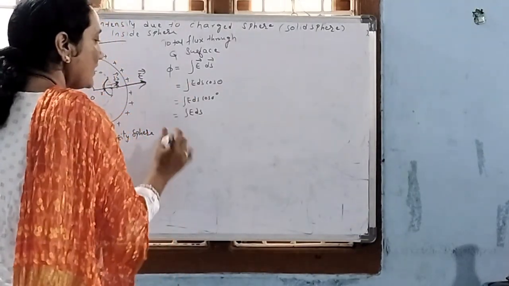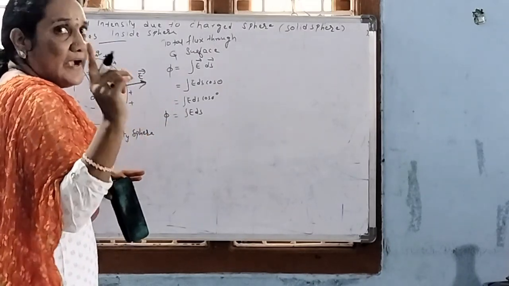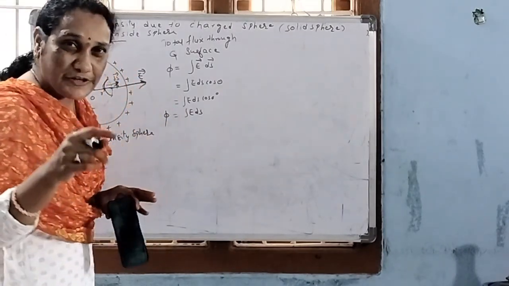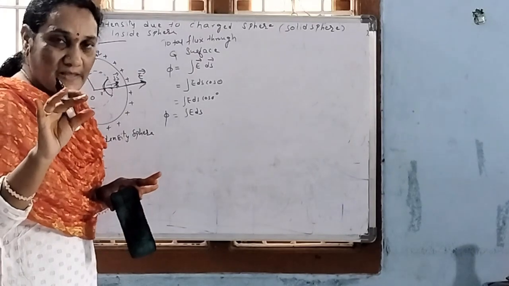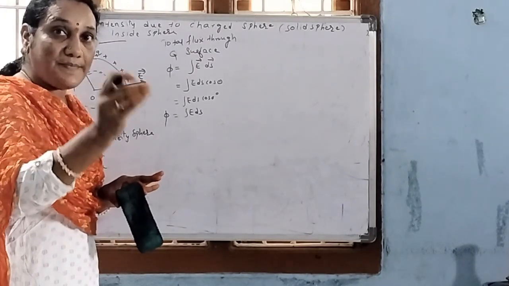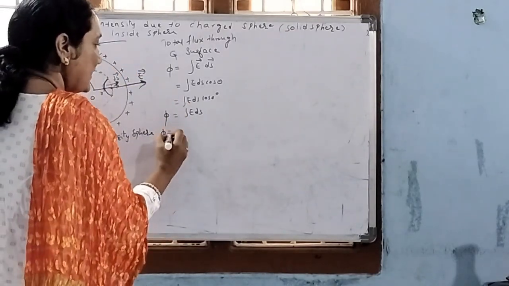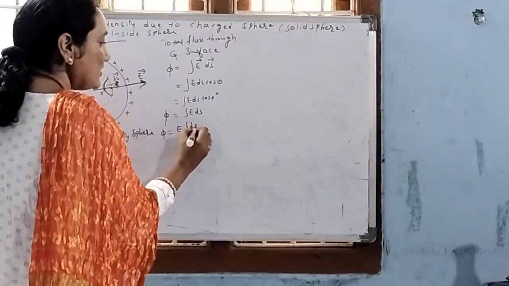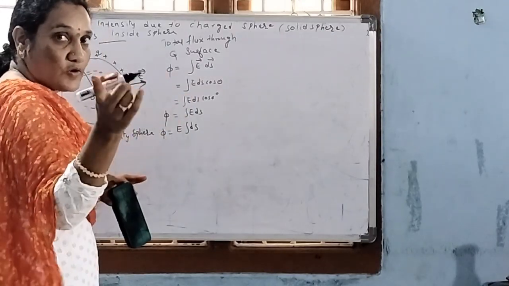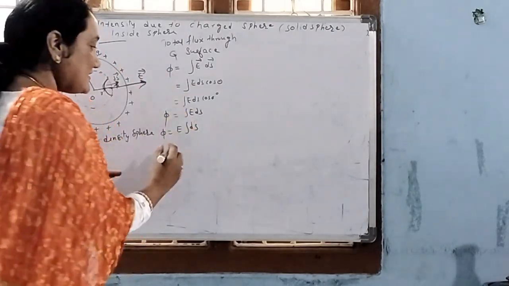Alright. So now, as per the principle of symmetry, as charge is uniformly distributed throughout the entire sphere, what we will say? The magnitude of electric field will be the same at each and every point on the sphere. So how we will write? Phi is equal to E integral ds. E is the same or constant, will not change. So now, what is integral ds?